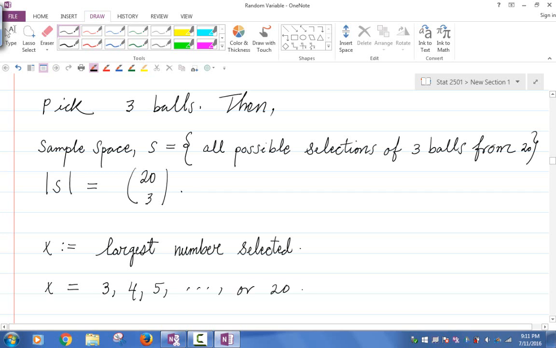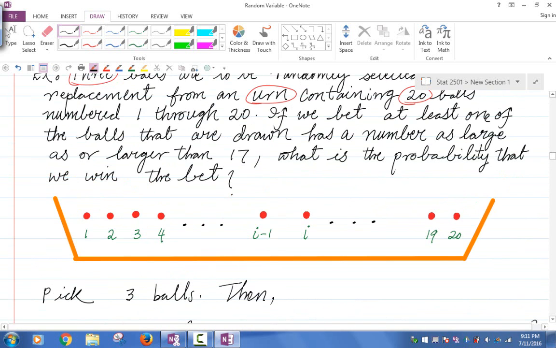Now what do we have to find? So remember, what we have to find is the following. If we bet at least one of the balls picked, or one of the numbers picked, is at least 17, then what's the probability that we win? So let me repeat that. I'm rephrasing the question. If we bet at least one of the numbers picked is at least 17, what's the probability that we will win?